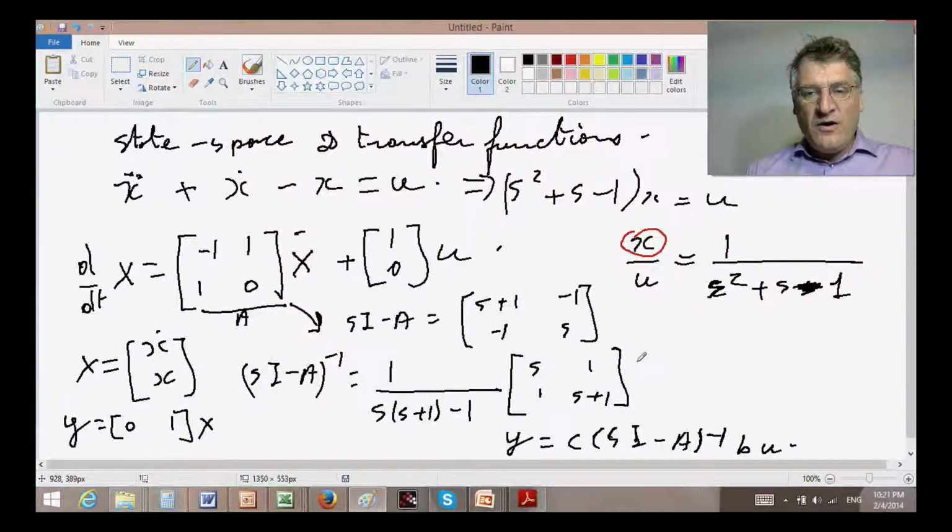Okay, all right, so I can rewrite this now, and what I can do is compute y is equal to. I can compute C times this matrix. Okay, so C times this matrix would be 1 over s squared plus s minus 1 times 0, 1 times this line vector, which would be 1, and then 0 times this plus 1 times that.